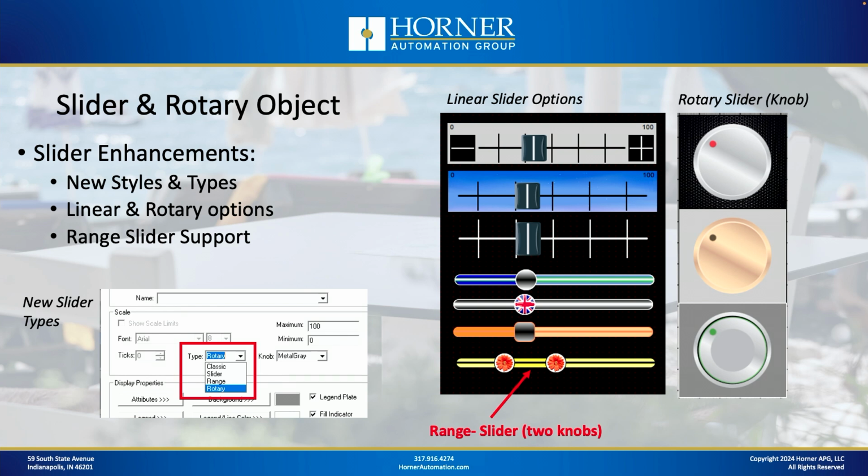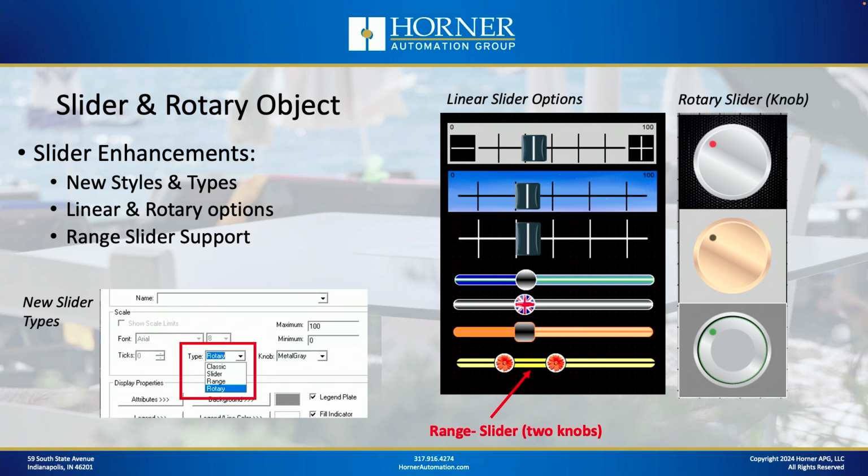Okay, another object that's gotten a fair amount of work in the Canvas Advanced Graphics set, but yet is still a pretty simple object, is the slider object. So the slider object is now not just linear. You have choices of multiple styles of linear sliders like we've had before, but with some new graphical options.